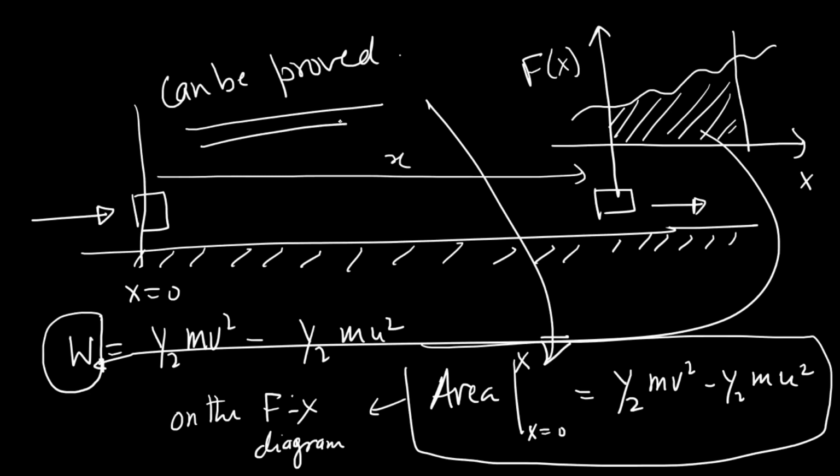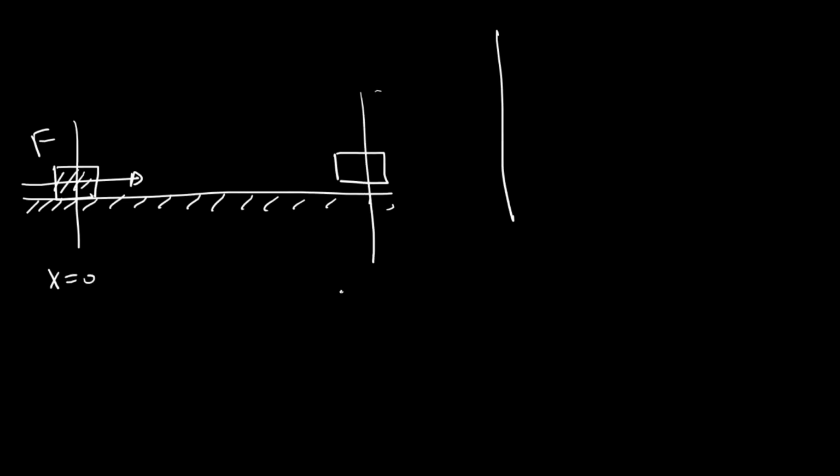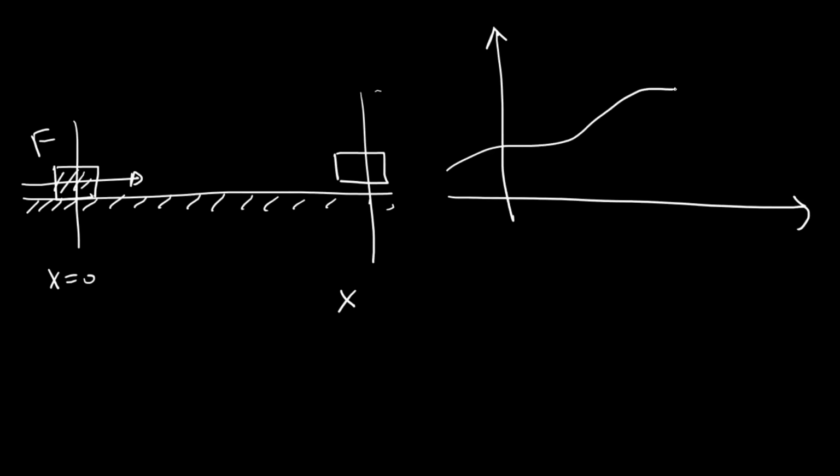I know that an object is moved in a straight line, under the action of a force F, and it moved, let's say, from x equal to 0 to some position x, and I happen to know the force history as a function of x, and I don't want it to be constant anymore. So this is x equal to 0, this is x, and this is force as a function of x.